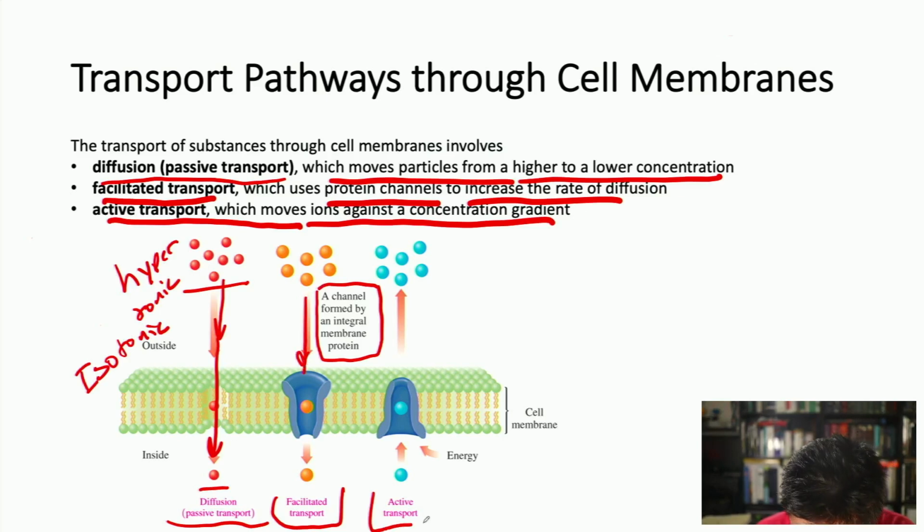And then there's active transport, where it requires energy to actually push things like waste outside the cells. And that is, very cursory, how transport through cell membranes works.